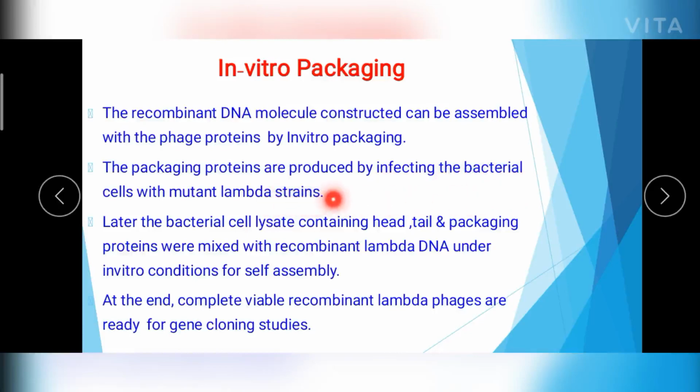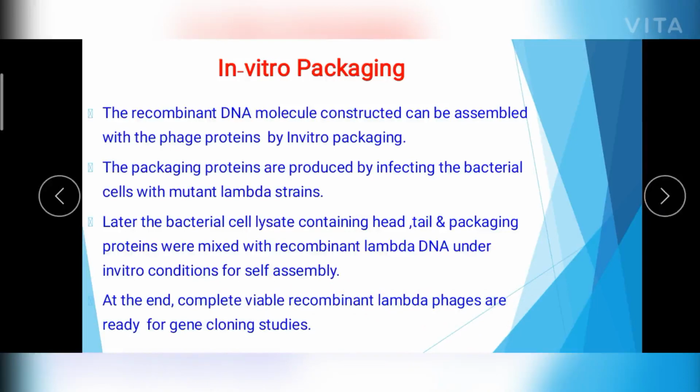When you infect the bacteria with these mutant strains, they are able to produce head proteins, tail proteins, and packaging proteins. You extract the cell lysate, and this cell lysate is mixed with recombinant lambda DNA under in vitro conditions for the self-assembly process, and at the end you get complete viable recombinant lambda phages which are ready for gene cloning experiments.